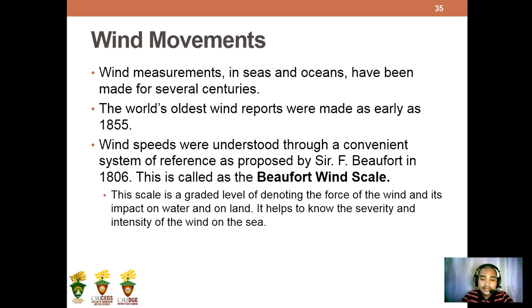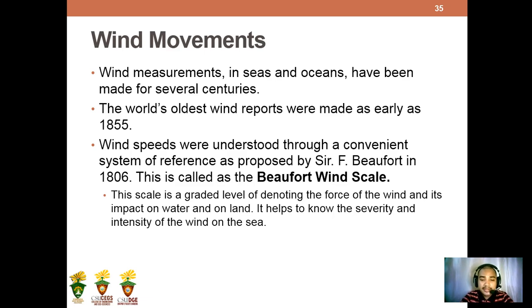This measurement of the wind is what we call the Beaufort wind scale, in honor of Sir F. Beaufort, who proposed this reference for the oldest wind reports.